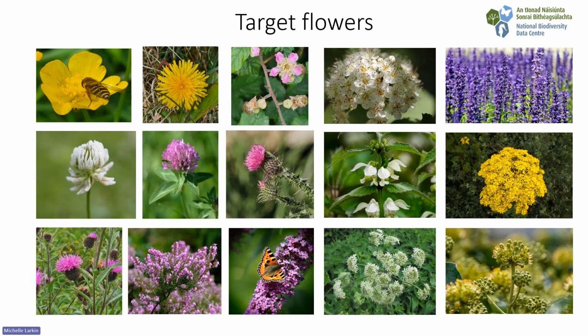You don't need to identify the thistle species, you can just put it into the group thistle. White dead nettle, ragwort. Again, you don't need to identify it to species level, you can just put them all under the group ragwort. It's the same with knapweeds, heather, then there's butterfly bush, hogweed, and ivy.